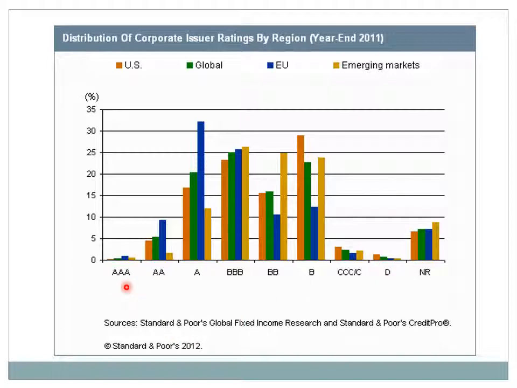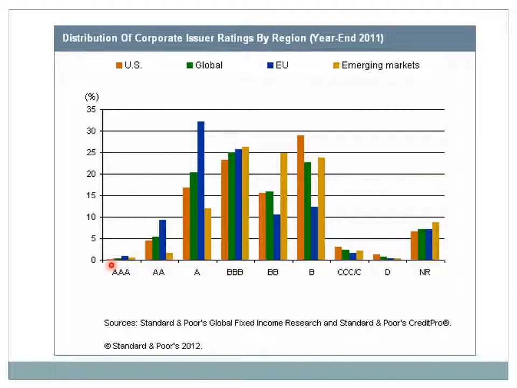And so here, this just tells you how many firms get rated AAA, AA, A, triple B, and so on. And if you'll notice, the U.S. tends to be pretty strict. AAA rated bonds are pretty rare.